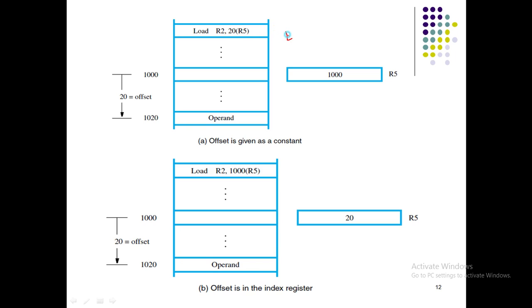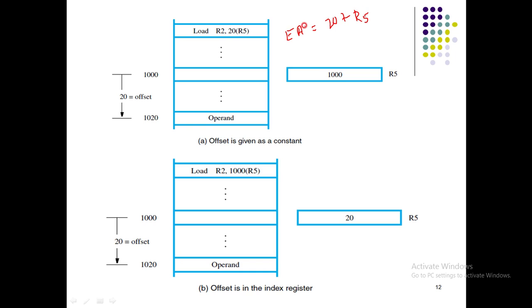So here your effective address, that is EA, will be equal to nothing but 20 plus your register, which is R5. Your 20 plus R5. So that is the meaning of your load R2 comma 20 R5.